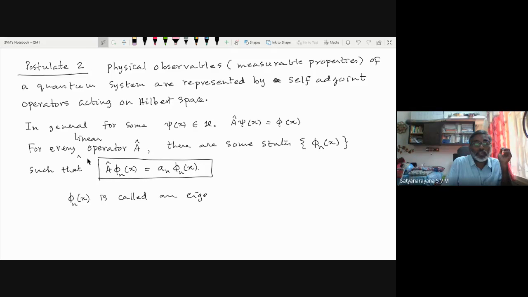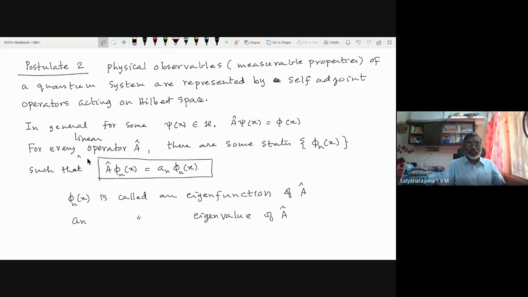Eigenfunction is a German name. Eigenfunction of A, and this a n is called an eigenvalue of A. This is something similar to what you know in matrices, eigenvalues and eigenvectors.